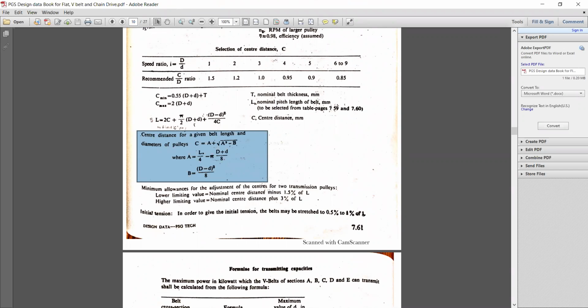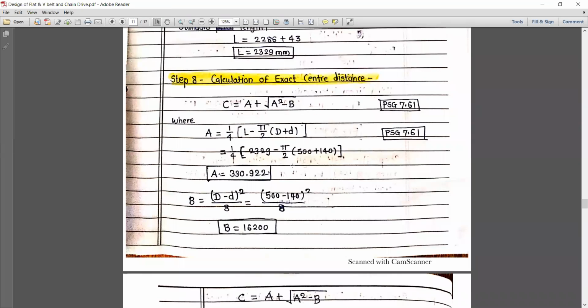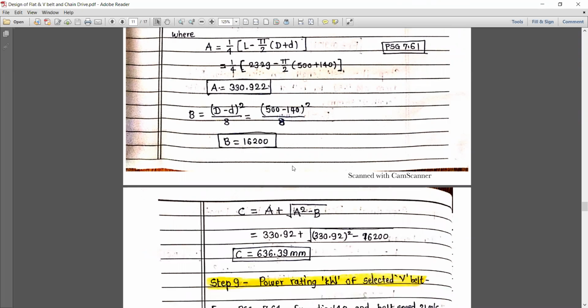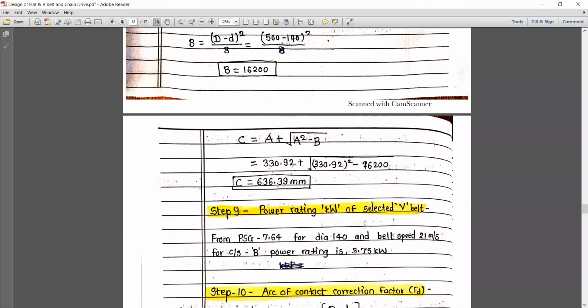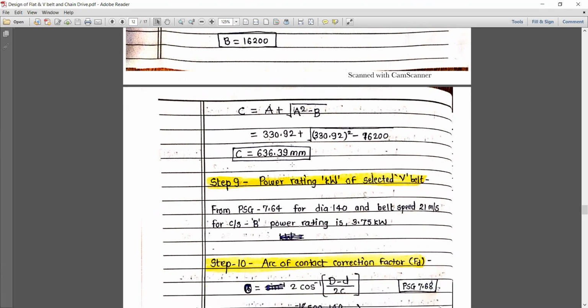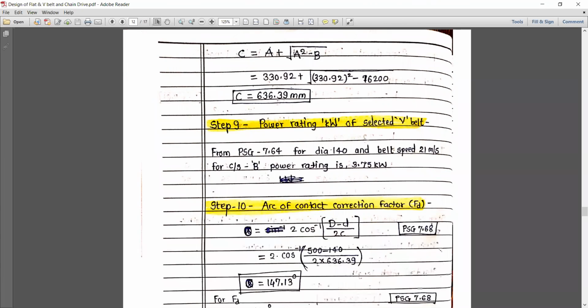So putting all the values, what we get, the value of a is equal to 330.922, value of b is equal to 16,200. And the value of C, that is the exact center distance, is 636.39 mm.